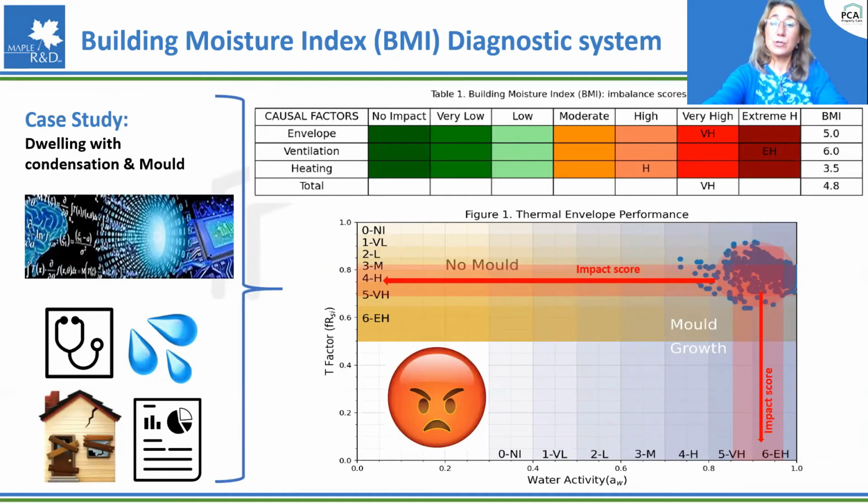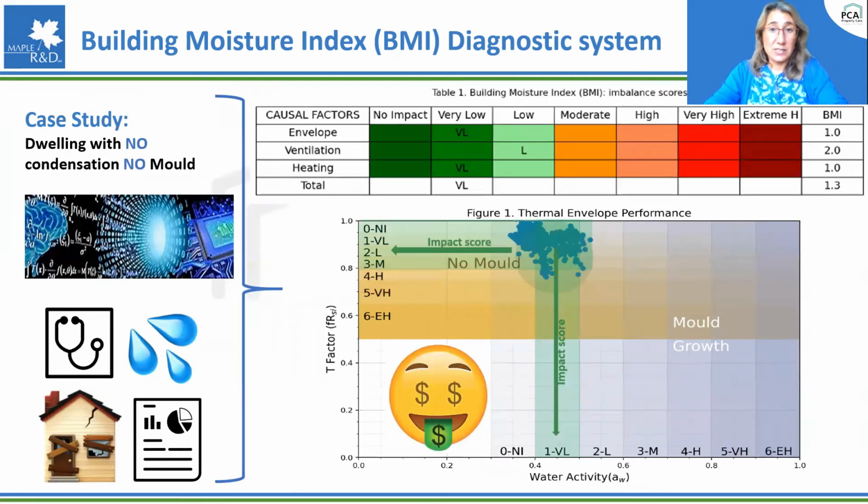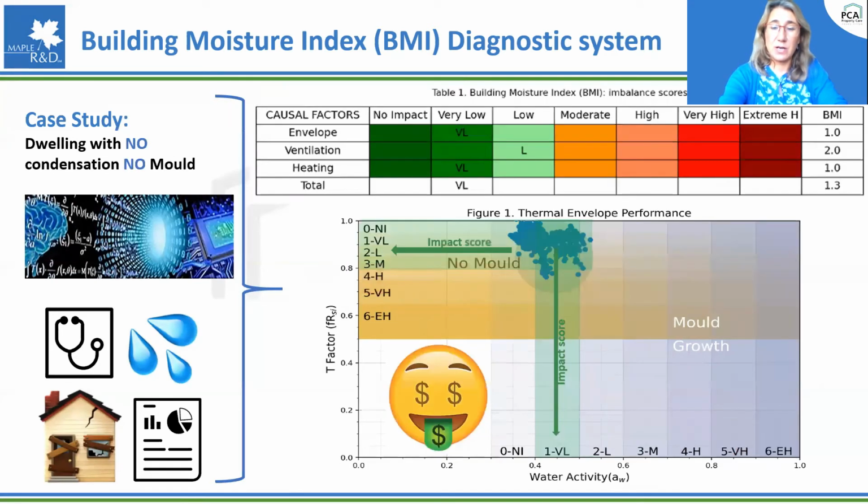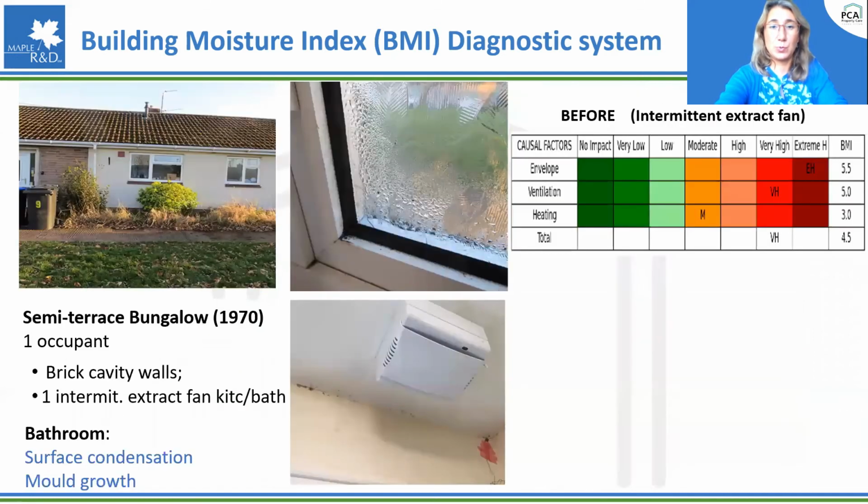If we compare it to a property where this is not a problem or it has been rectified, we have a very low moisture imbalance of 1.3 out of 6 and no risk of mold growth. So we can see how the data moves from an area of risk to a safe area.